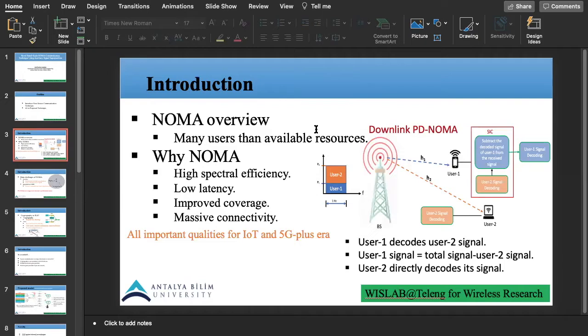So let me give you a small overview of NOMA, because this is important for you to be able to understand why we're doing this. As a researcher, it's always important for you to know the literature. First of all, you have to know what is out there and what the gaps are, what people are trying to do, so that you'll be able to contribute something that is on demand.